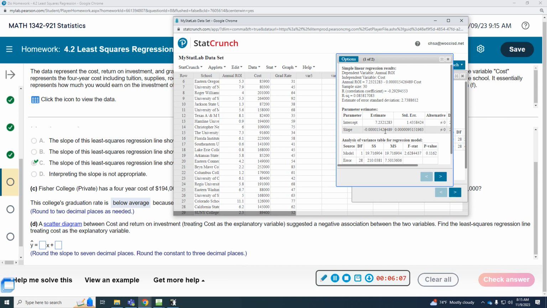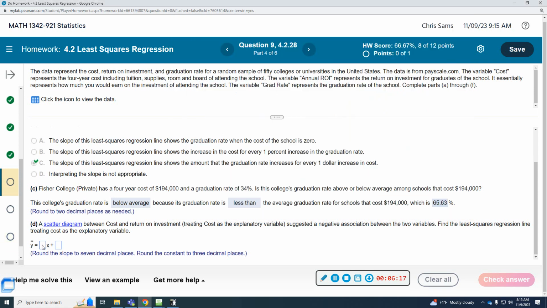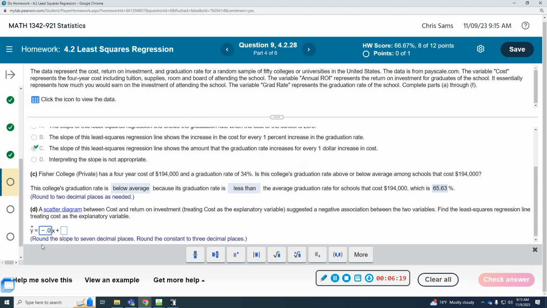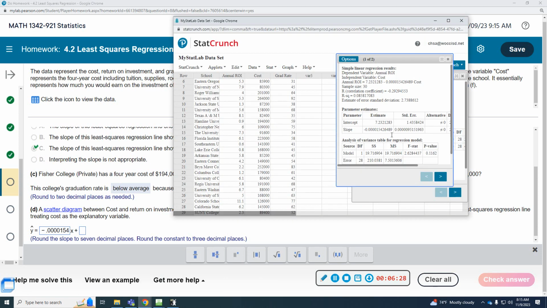So 7 gets much more zeros. 4 zeros, then 1, 5, 4, and it's negative: negative 0.0001154. And then our intercept, 7.232.